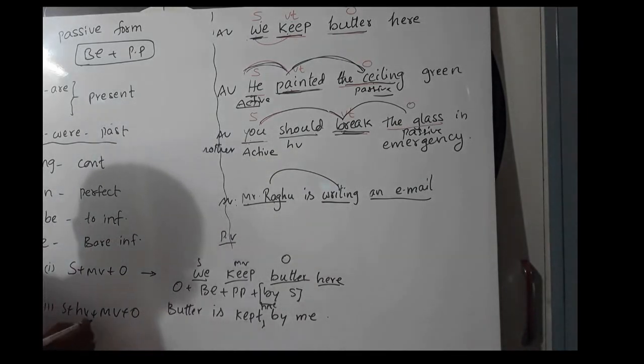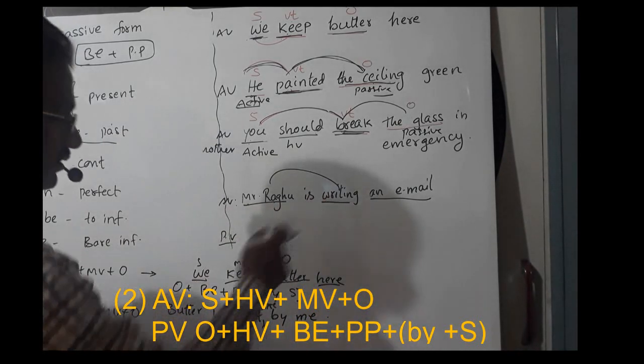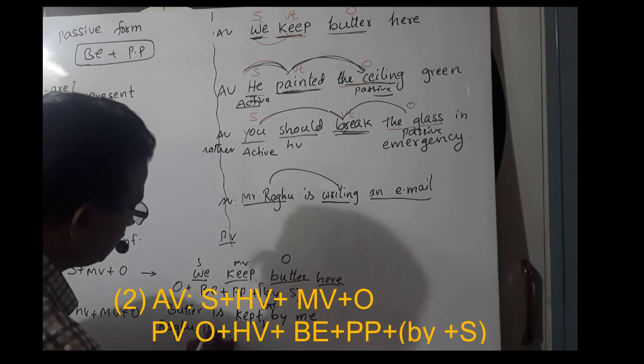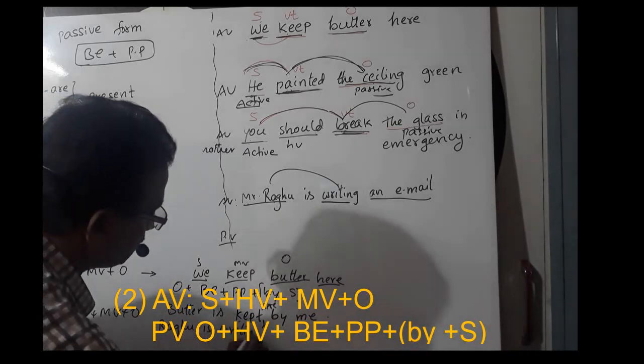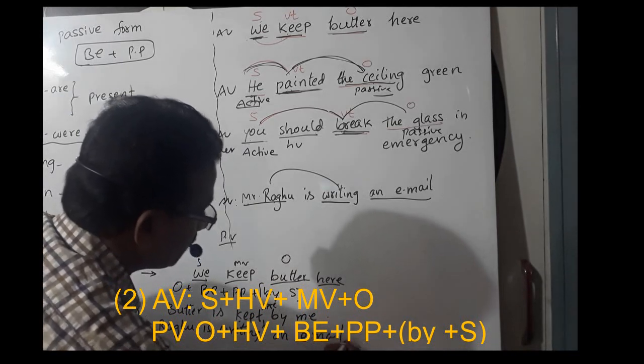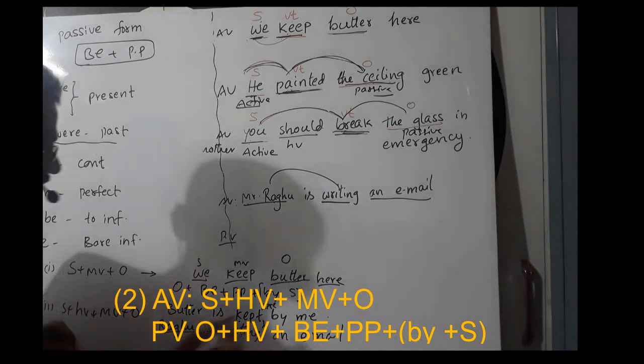And another sentence, if you observe here: Raghu is writing an email. Observe this sentence. Raghu is the subject, then helping verb, main verb and object.